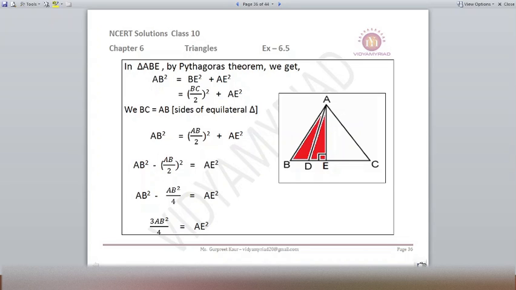Now AB square minus AB upon 2 the whole square, when I do, I will get 3AB square upon 4, which is equal to AE square. Now I got the value of AE square.